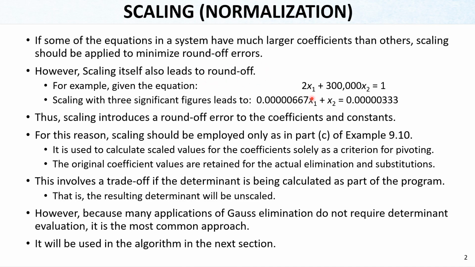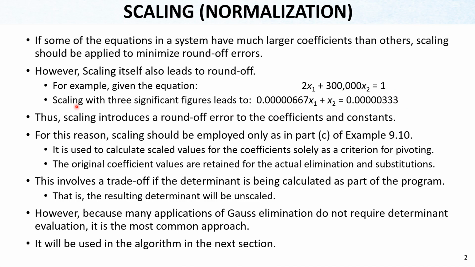For example, here we have these equations, and if we want to have a normalization of this, actually we have only this equation. If we want to have a normalization, we divide these values by 300,000 and obtain this equation, as you can see here.